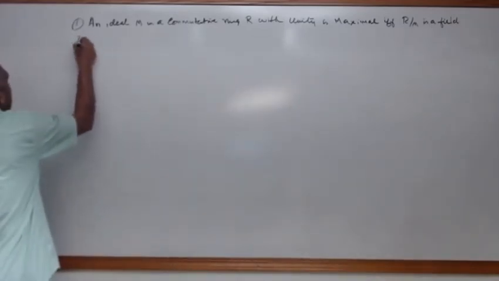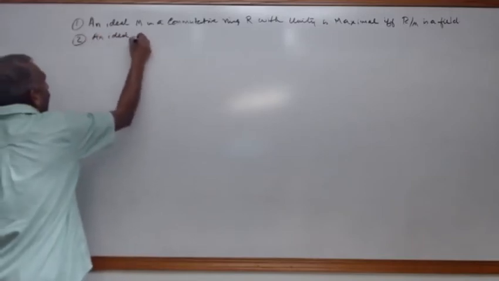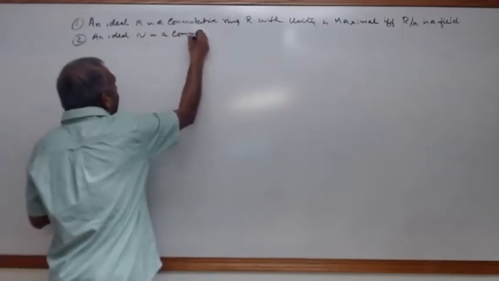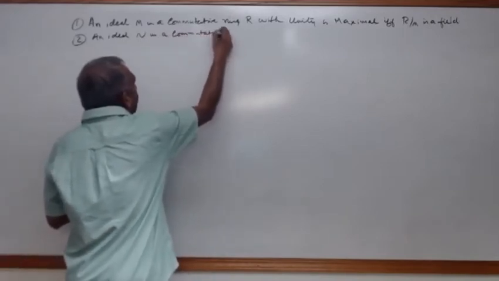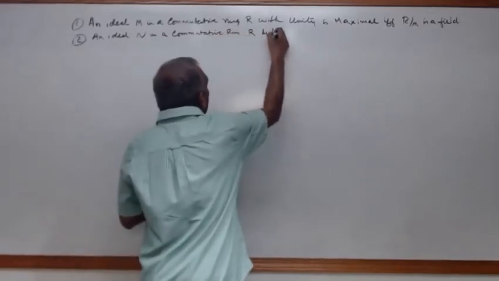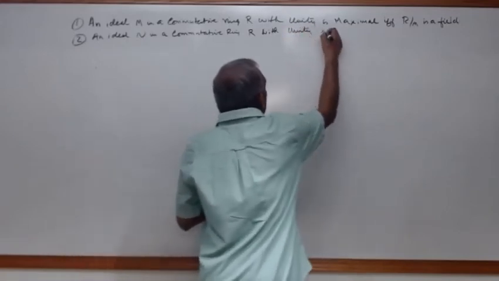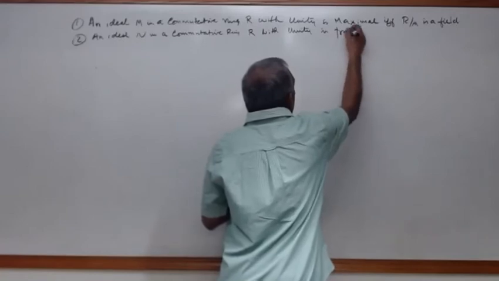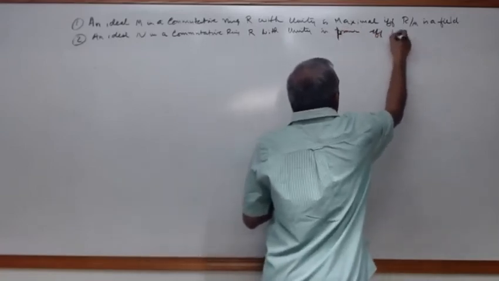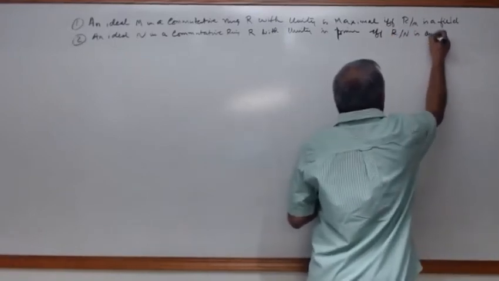And the second condition, for a prime ideal: an ideal N in a commutative ring R with unity is prime if and only if R/N is an integral domain.